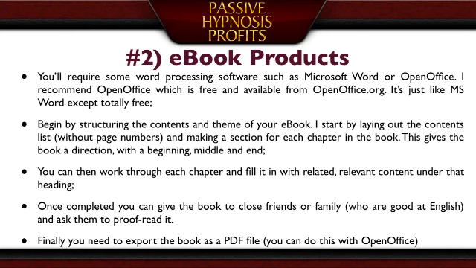So with that said, the first thing you're going to require, obviously, is some kind of word processing software. Something like Microsoft Word is the obvious industry-leading choice. I actually recommend something called OpenOffice. The reason I recommend it is because it's free. It is almost a perfect rip-off of Microsoft Word in terms of its layout and everything.